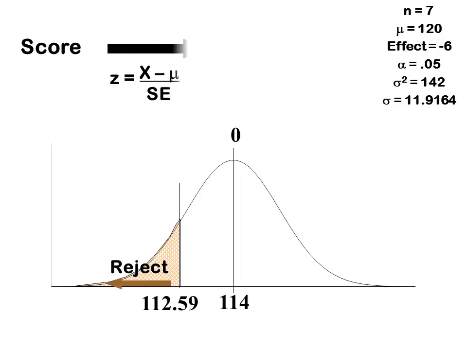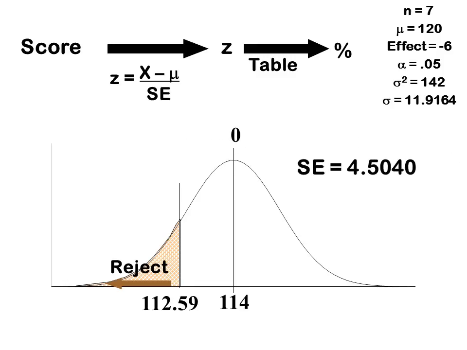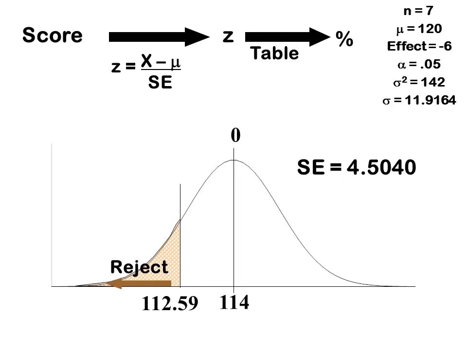So to go from the score, I'm going to first go to the z, and then I'll go from the z to the percent or probability. So first we'll do our z. We're going to take our standard error, which is still 4.5040. And we're going to take our cutoff value of 112.5909 minus the mean, but notice it's a new mean, it's 114.